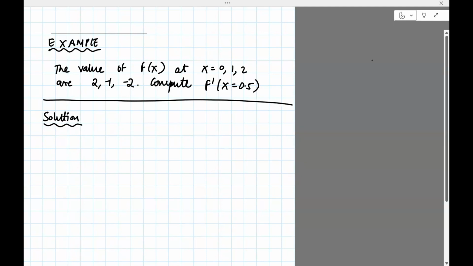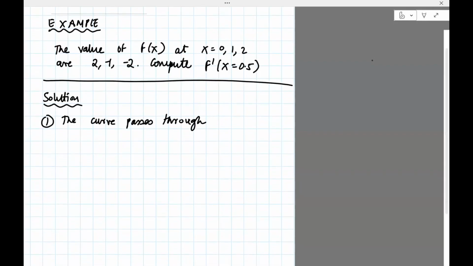Okay, so we are given here just 3 points. So the curve passes through 3 points, and I'll put those points here. So we need to write them as pairs x, f of x. So those pairs are x is 0, and f of 0 is 2.